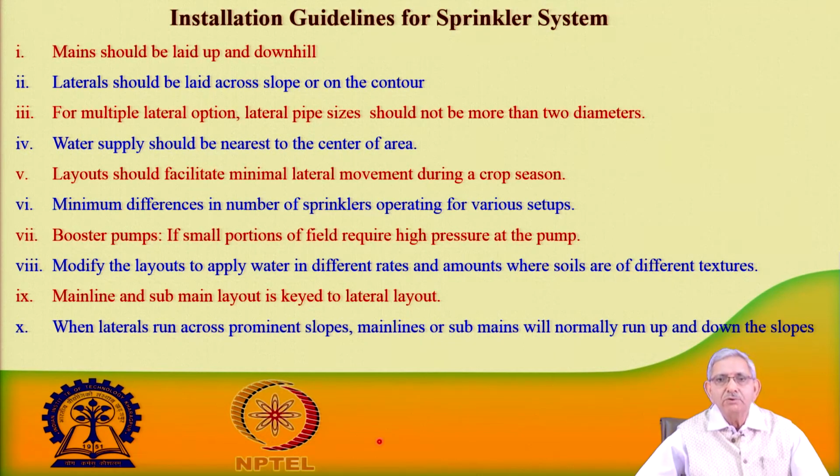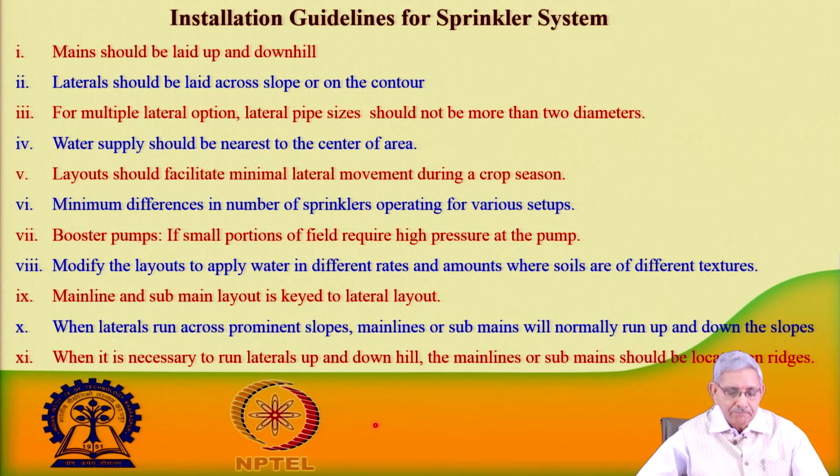So, those layouts which I was showing you, this is one consideration. It has come from there, that when laterals are to run across the slope, then these are to be put under uphill or downhill conditions. Now, when it is necessary to run laterals up and downhill, mains or sub main lines should be located on ridges.